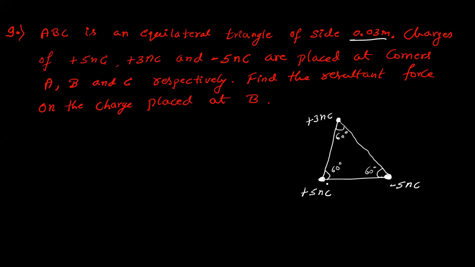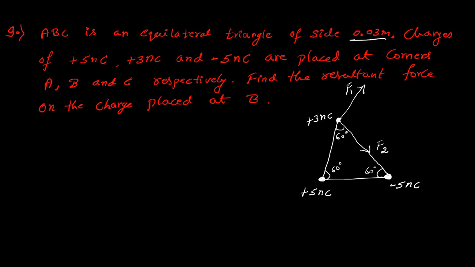Now, as we know, for the positive charge the electric field lines go outward. So I can write the force acting outward, and I can call this F1. And for the negative charge, the force goes inward. You studied this in the properties of electric field lines. Since here is a negative charge, minus 5 nanocoulomb, the force comes inward.